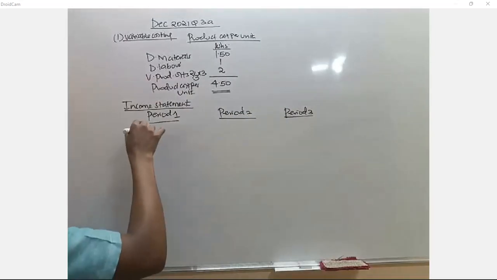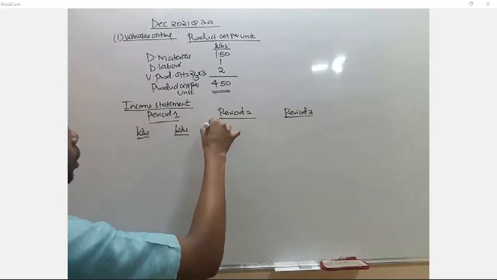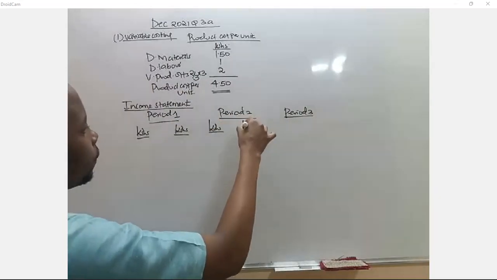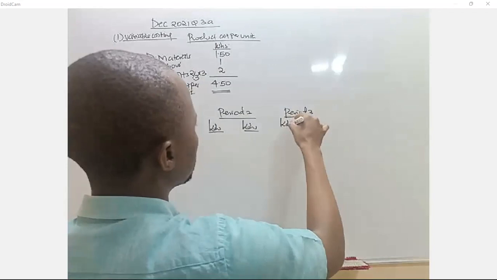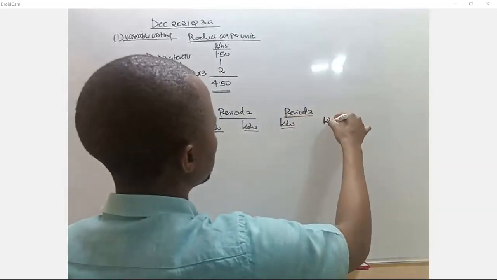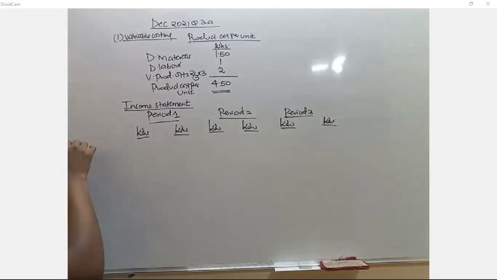Here we have Kenya shillings for each column. I think it is okay now. Then I'm going to be starting with my sales. So my sales will be equal to how much?